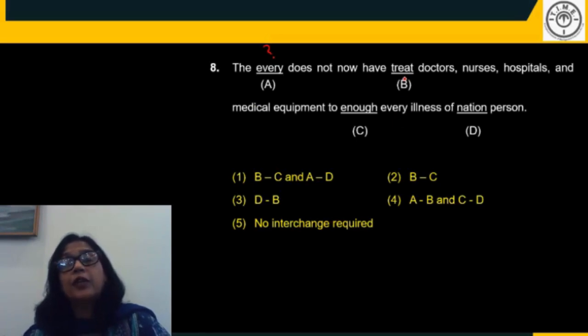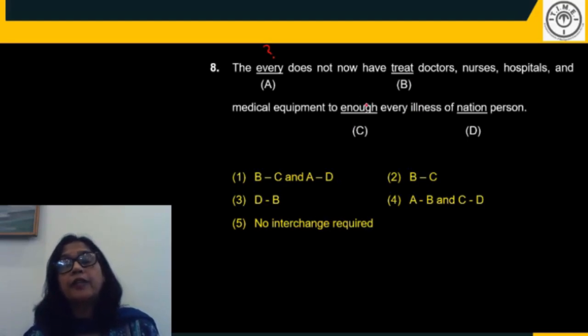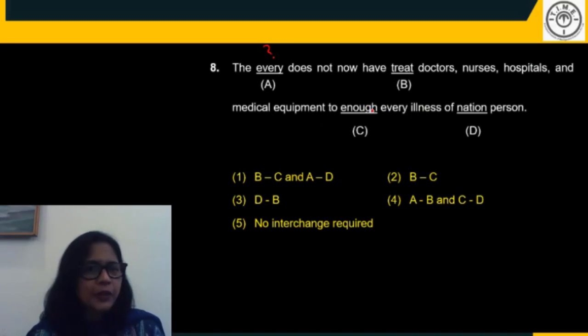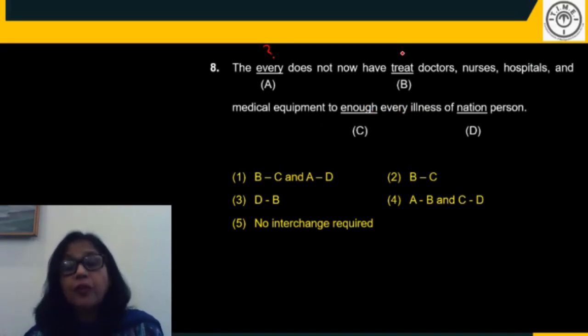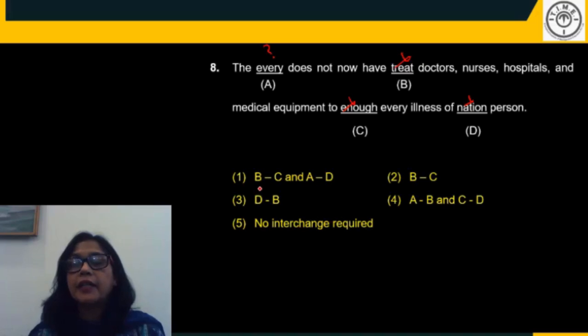Wrong. Does not now have treat doctors, nurses, hospitals and medical equipment to enough every illness of nation person. Yes, so that means all the four, we can see that all the four words are wrongly placed. See, the original sentence is not meaningful, it is not grammatically correct, right?